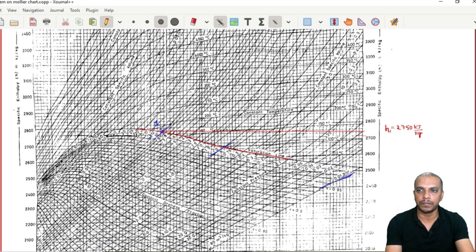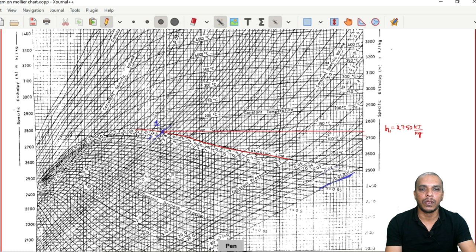Now, let us go to expansion in the nozzle. It is expanded to 1.1 bar. So, drop a vertical line from here to the 1.1 bar line. But remember, it has to stop at 1.1 bar. Do we have a 1.1 bar line? Let us check. This is the 1 bar line and this is the 1.5 bar line.